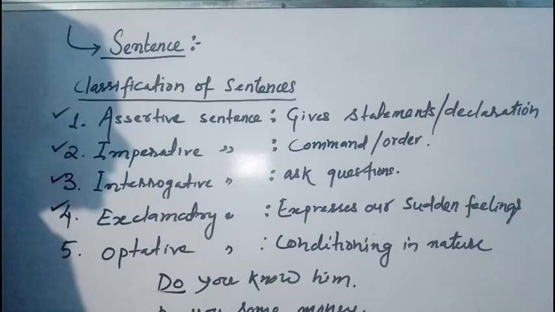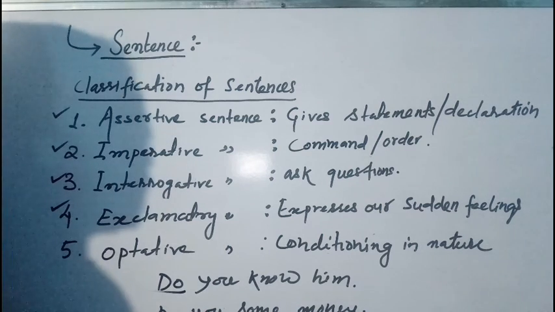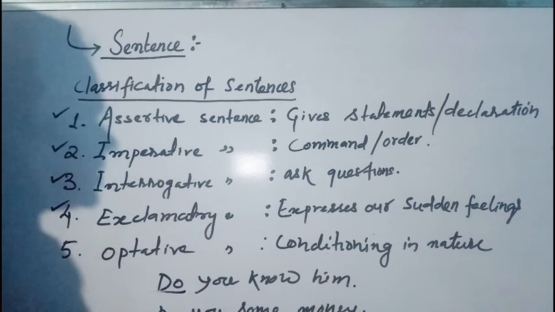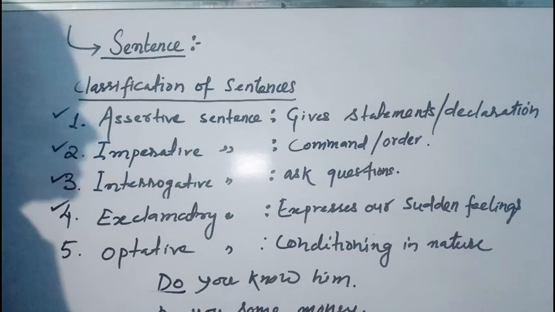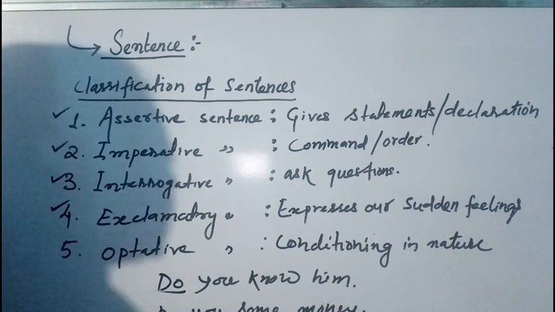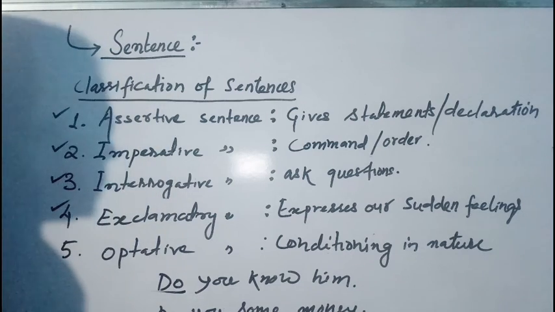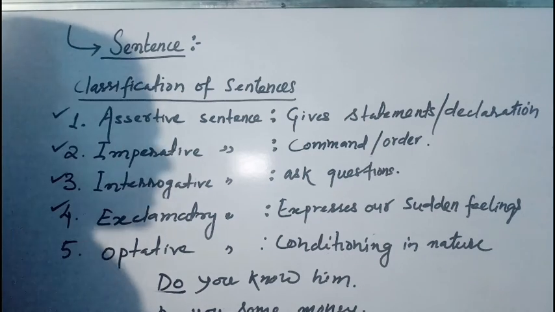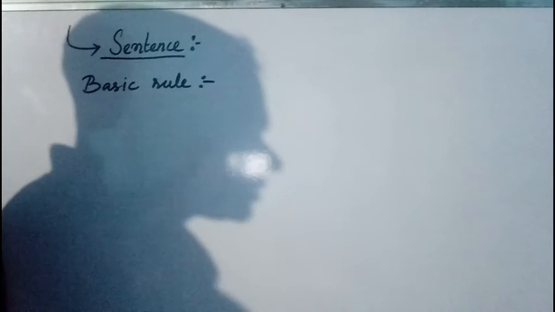This is what we have discussed about the sentence and its classification. And in the later classes, this knowledge about the different types of sentences will help us to understand English grammar better. Some of the basic rules we need to know about sentences are as follows.